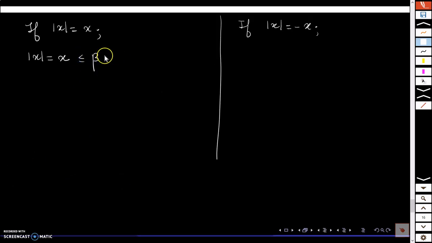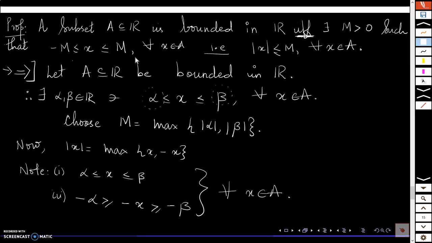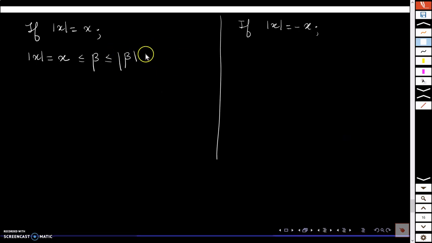And we know that every real number beta is less than or equal to its modulus. So beta is less than or equal to mod beta. And what is capital M? It's the maximum of mod alpha and mod beta. So this will tell us that mod alpha is less than or equal to M and mod beta is also less than or equal to M, because M is the maximum. That means mod x is less than or equal to M. So in the first case we are done.